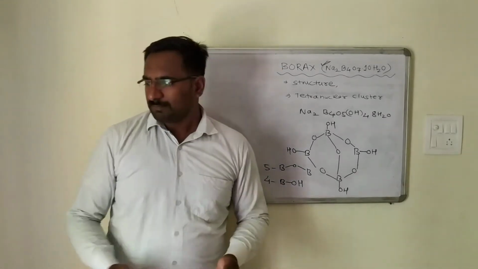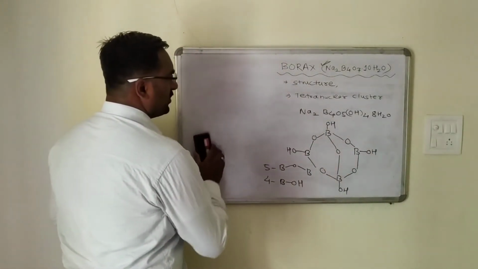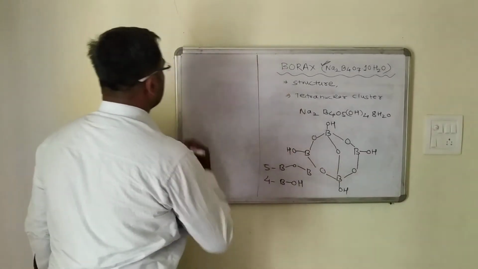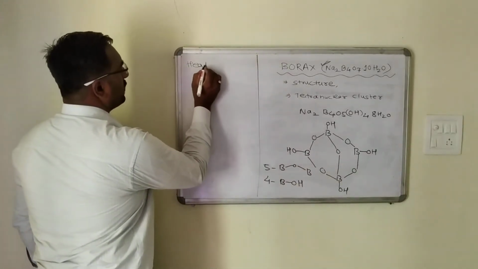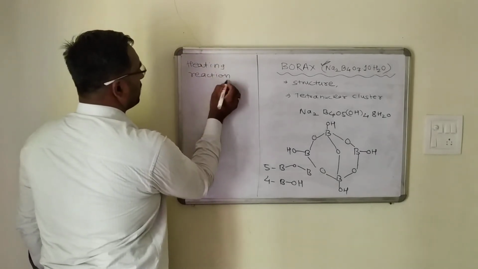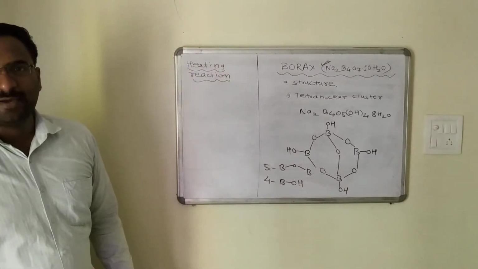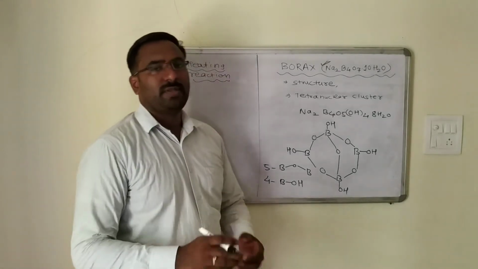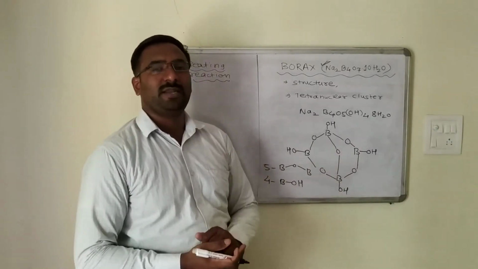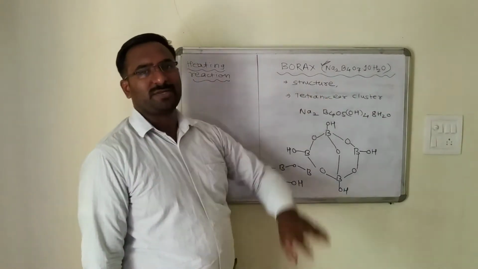Then we will discuss the heating reaction of borax. What happens when borax is heated? We know that whenever a mineral or ore is heated at 100 degrees centigrade, initially there is loss of water molecules, and those water molecules are from the water of crystallization.